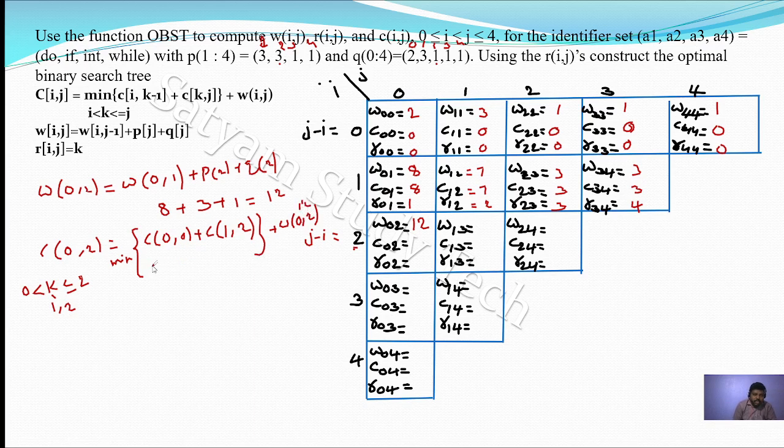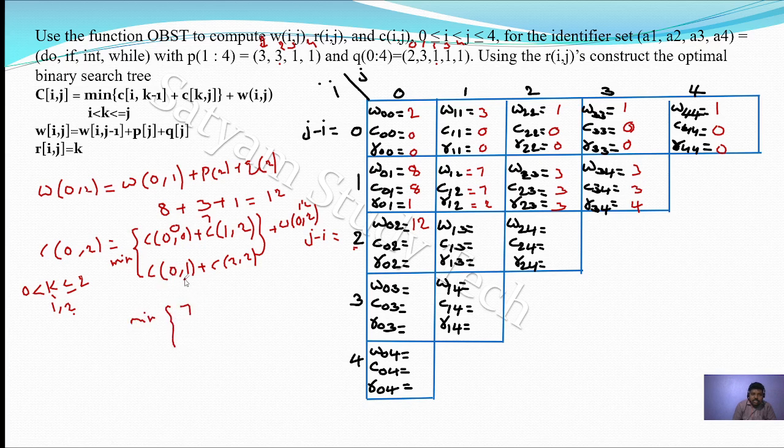Now here I consider k value 2. Here i value is 0, k minus 1 that is 1, plus c of kj, that is 2 comma 2. So c of 0 0 value is 0, c of 1 2 value is 7, so 0 plus 7 is 7.